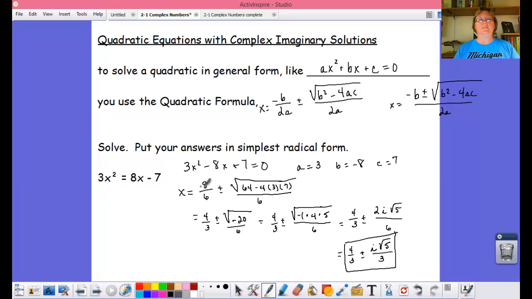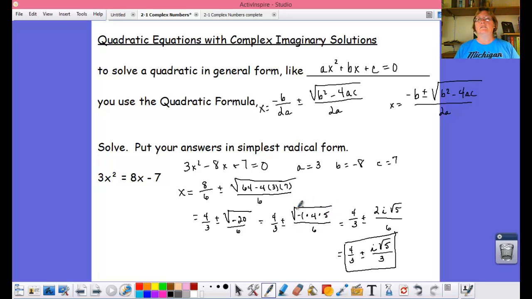b is negative 8, so the opposite of b is positive 8. Twice a is 6. I just want you to be really careful right here. You're squaring the b term, and negative 8 times negative 8 is positive 64. Okay? And then minus, and I filled in the rest. Did the arithmetic. Out front we could cancel by a factor of 2, and here we have negative 20 under the radical over 6.